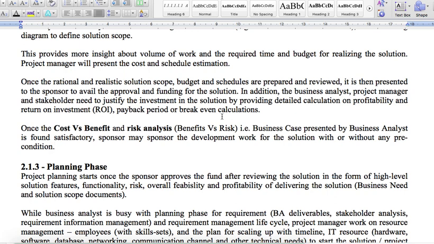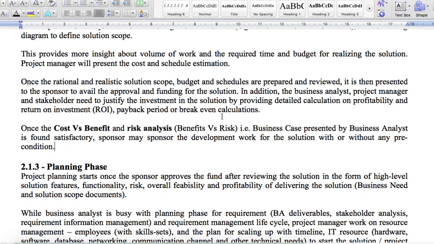Along with the cost versus benefit, we also need to do the risk analysis. So we are talking about the expected benefits versus the expected risk. Again, the risks are those we have identified, and there may also be risks which we have not identified at this stage. So is it worth taking the risk? That is important.